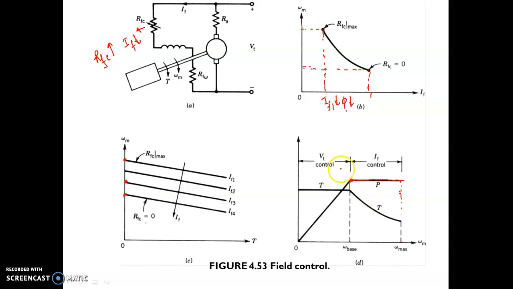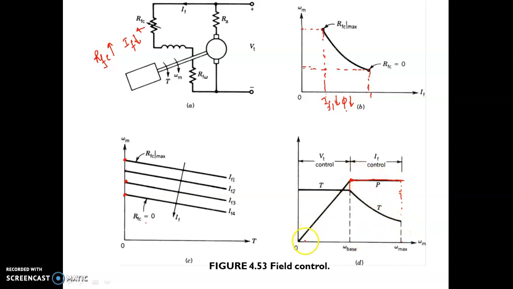Both diagrams are depicted here: the armature terminal control method and the field control method. In the field control method, power is kept constant. Speed is increasing but torque is decreasing, so the product of speed and torque will be constant.